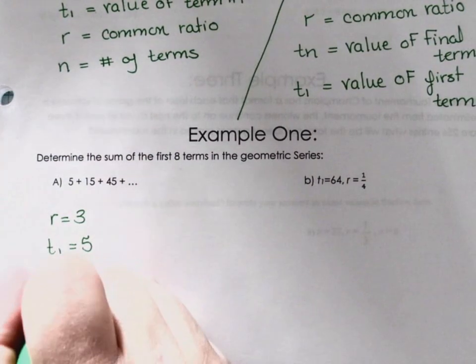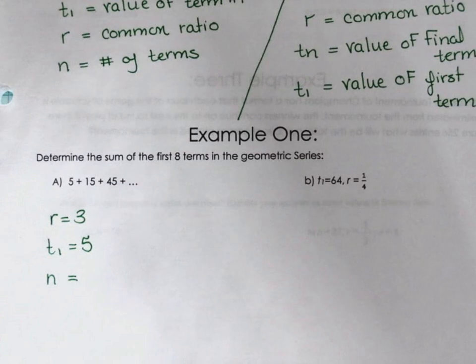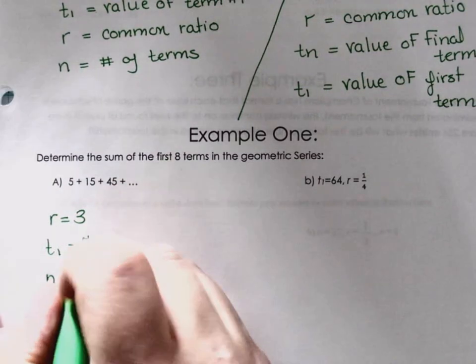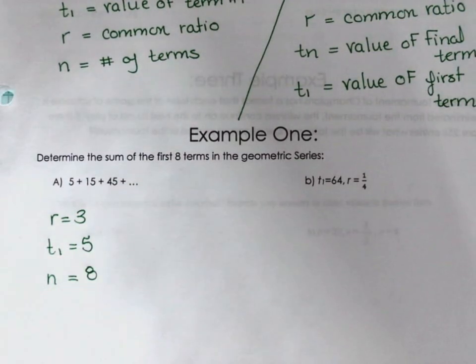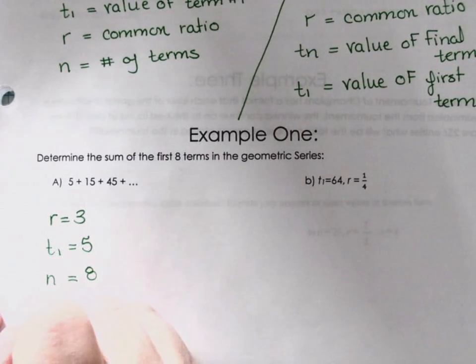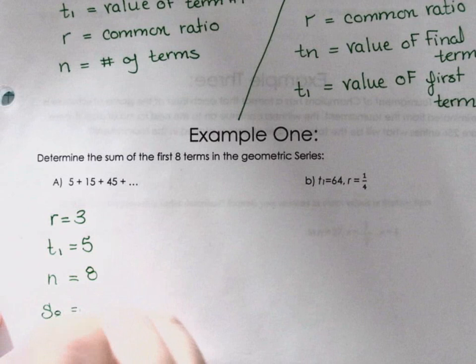What's N? 8, it says in the question, right? Do I know the nth term? Do I know the 8th term? No. So what option am I going to use, the first one or the second one? Option 1, because that's the one that doesn't have Tn in it. So I'm looking for S of 8.